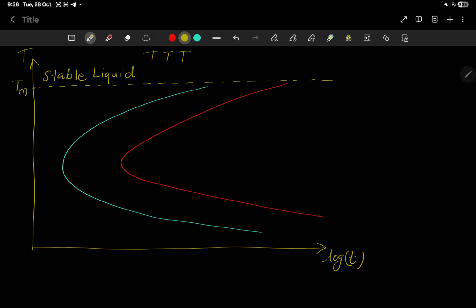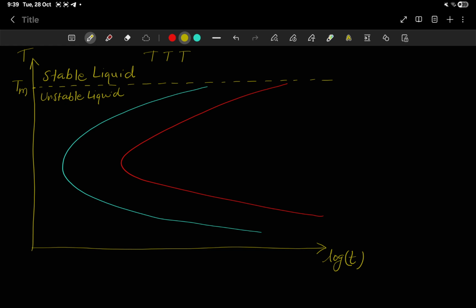Okay, so we call this region unstable liquid.